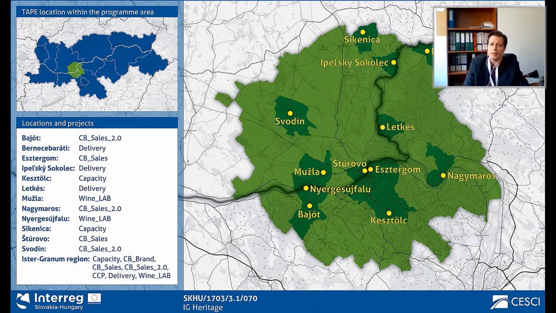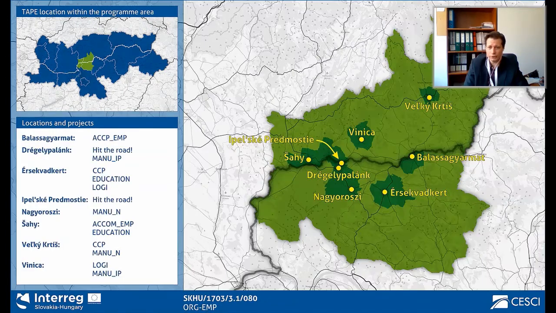The target area had to be geographically continuous, including territories of both member states, and had to form a coherent unit, geographical, economic, and social, in order to be able to deal with challenges of the labor market or certain clusters of economic activity.